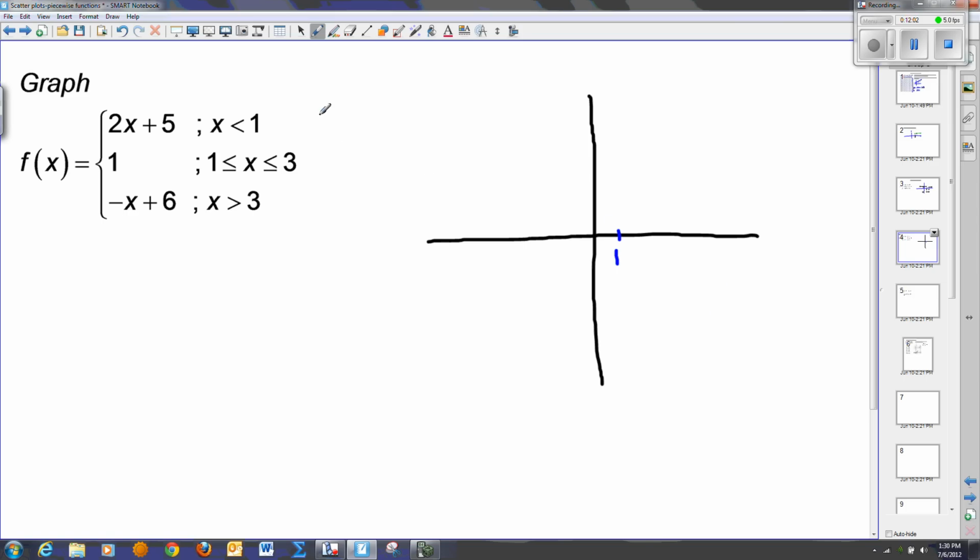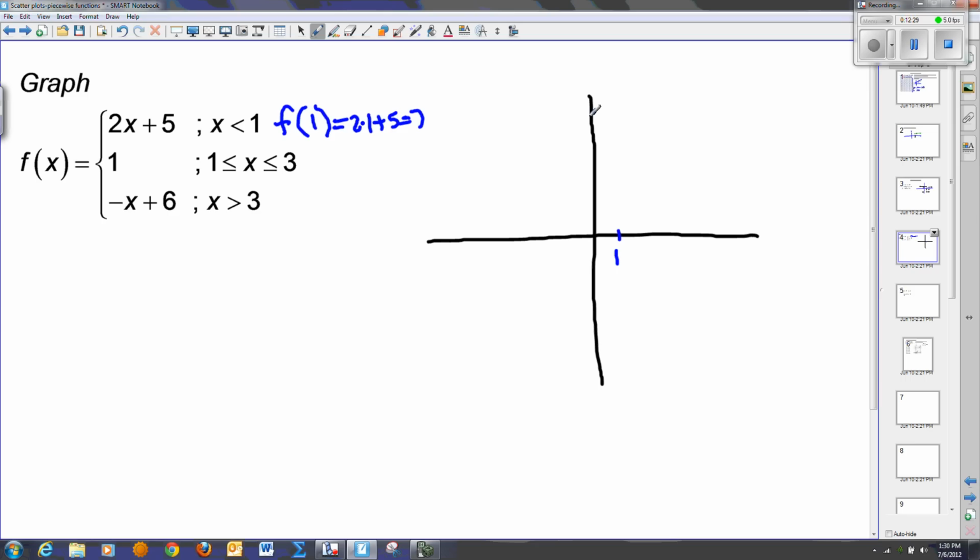In this case you would, but what I like doing is finding my exact y value when x is equal to 1. Well, to do that, I just basically find this function's value at 1. So if I plug that in, I get 2 times 1 plus 5, which equals 7.